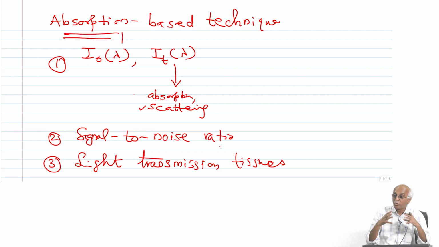Our detectors should be able to detect that small amount of light coming back. If the detector cannot detect it, then also there is a large discrepancy in terms of signal to noise ratio. So, these are the challenges to overcome.